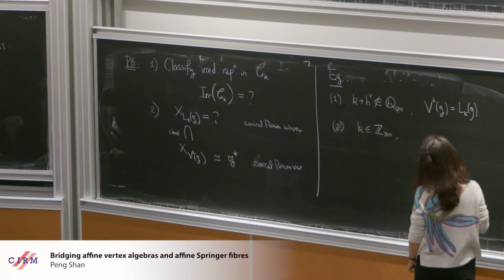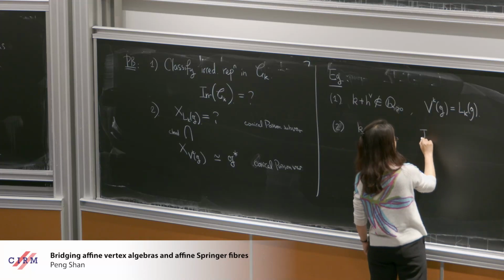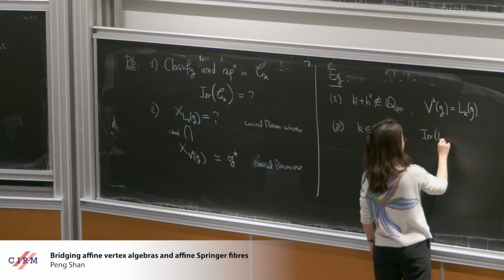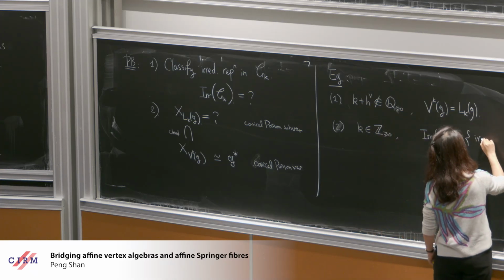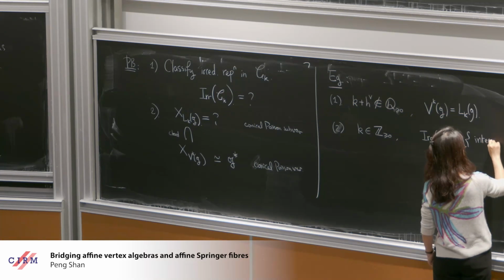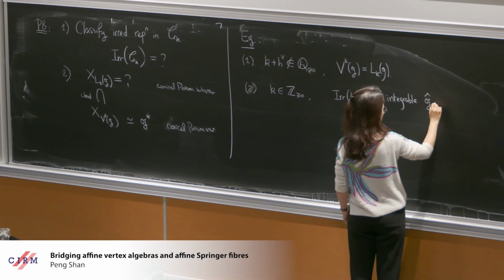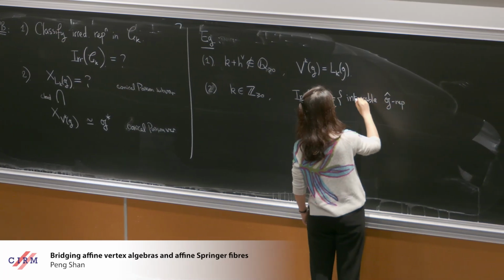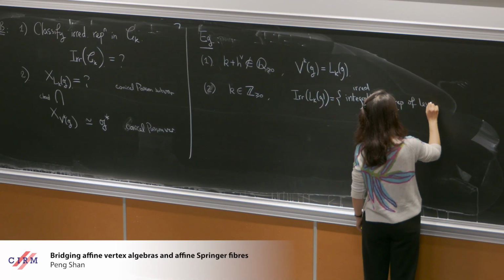then this case is well studied. First of all, the irreducible representations of L_kG are just all the integrable irreducible highest weight representations of G-hat of level k.